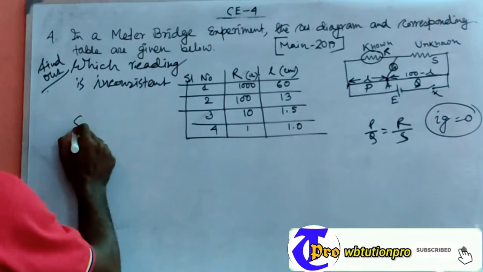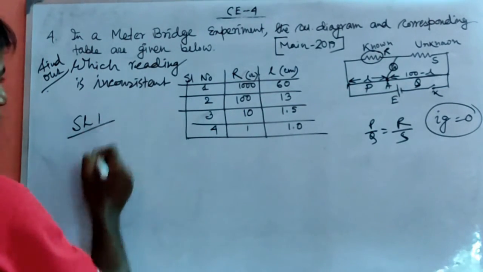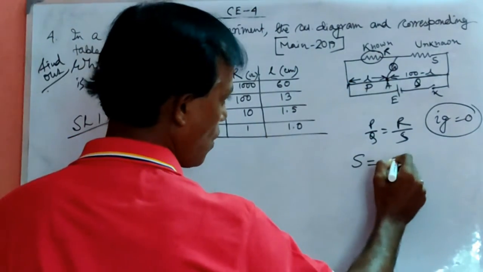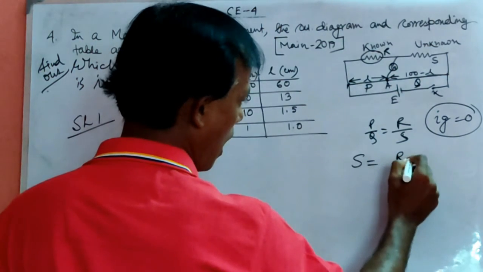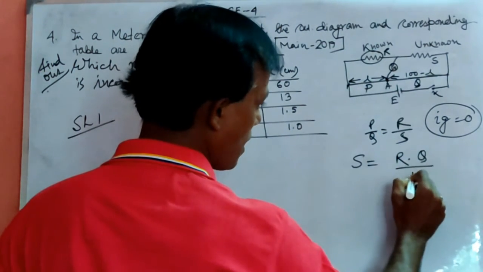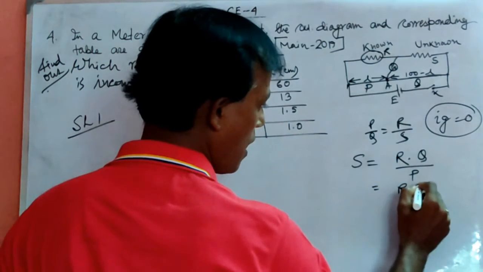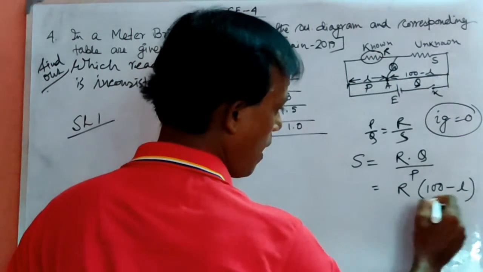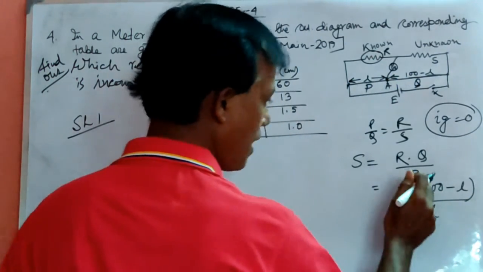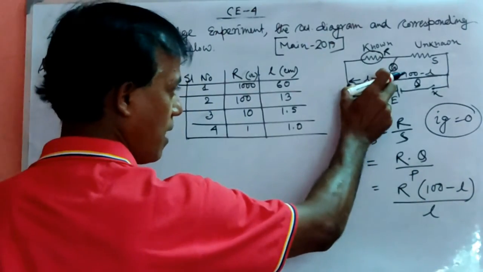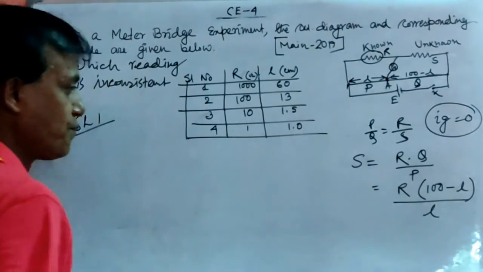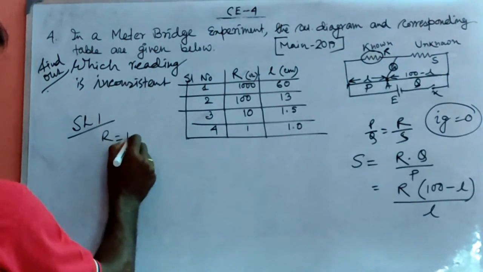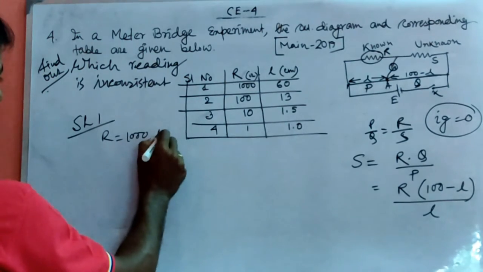Now I am going to illustrate all those readings separately. In serial number 1, this reading. So here we can find that S is equal to R into Q by P. It means R times (100 minus L) by L, if we consider P is L, this length indicated by L. Now for the first case, R is equal to 1000 ohms and L is equal to 60.